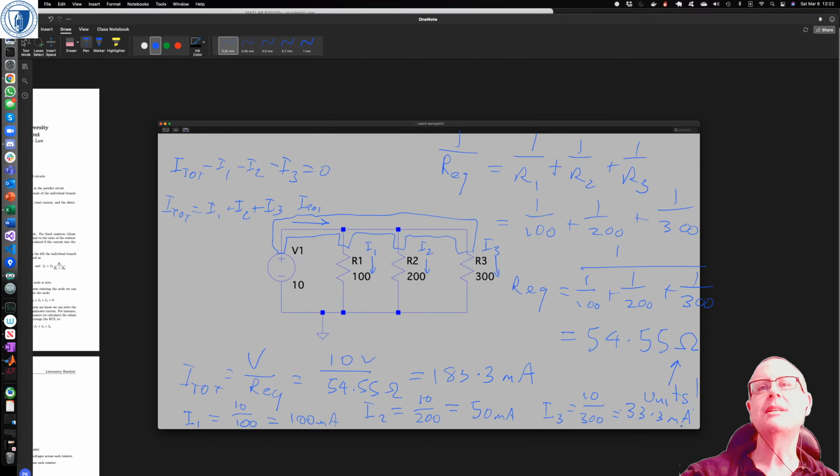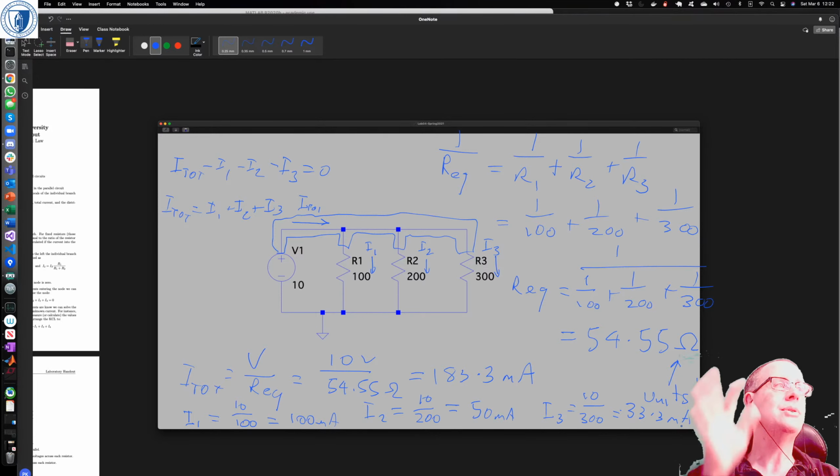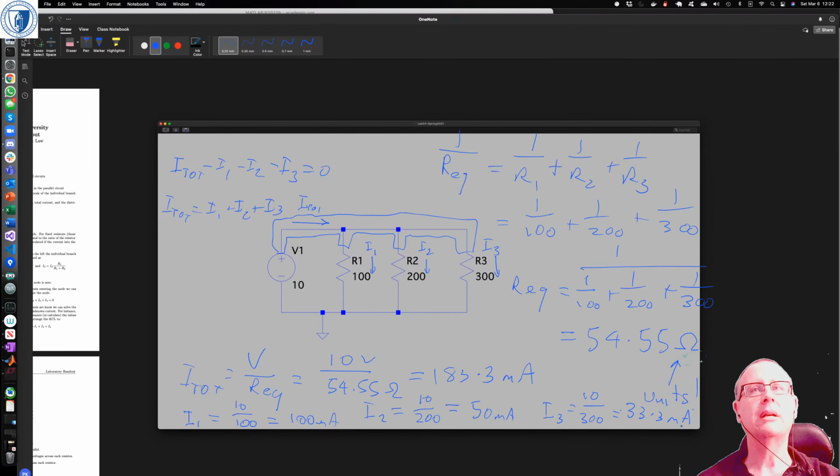And I hope you can see that adding 100 plus 50 plus 33 gives us 183.3 milliamps. Okay, so that's the calculation part. And you don't have to draw it the way I have. What you do have to draw is the polarities that you're assuming, or the current directions that you're assuming, right?